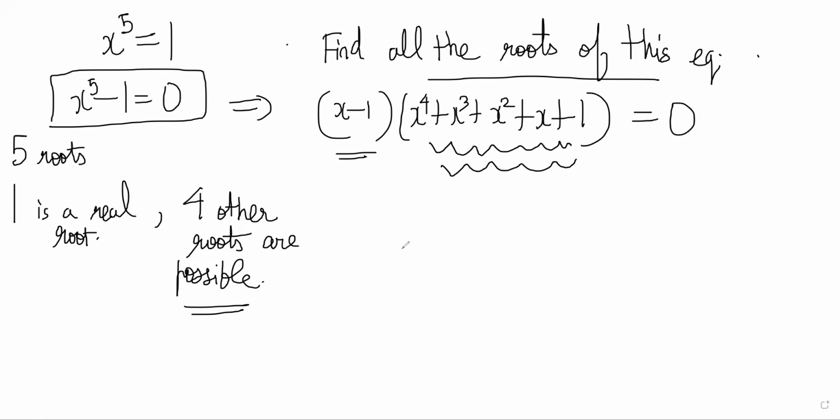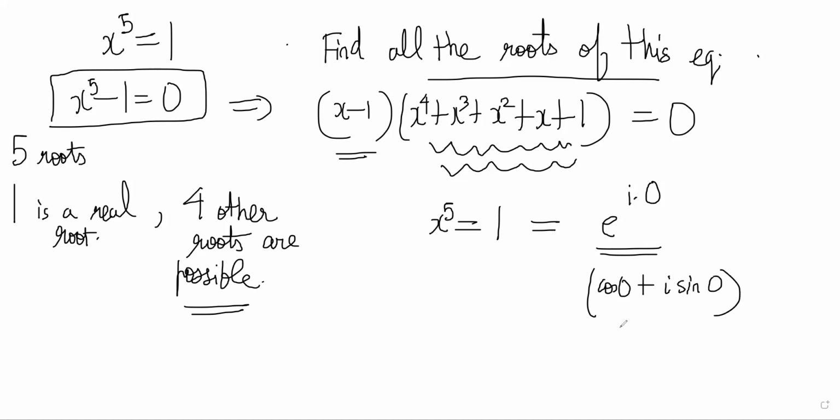The way is this: notice that x power 5 is equal to 1, and 1 can be written as e power I 0, because e power I 0 is cos 0 plus I sine 0, which is 1 plus I into 0.